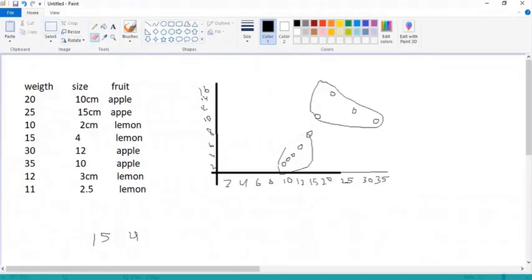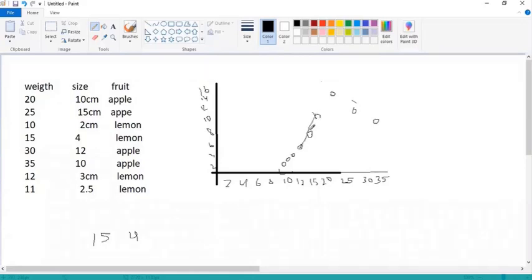For us, we can directly say that as the values are 4 and 12, this belongs to this point. But for an algorithm, there should be some sort of mathematical calculation, right? So now what happens? It will calculate the distance between these points and this point.